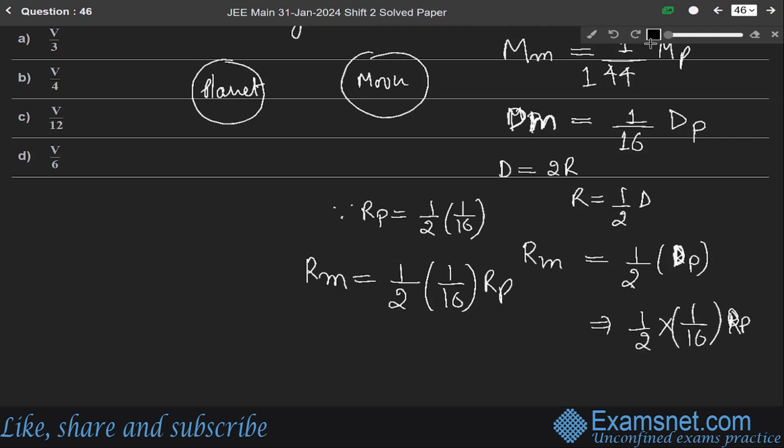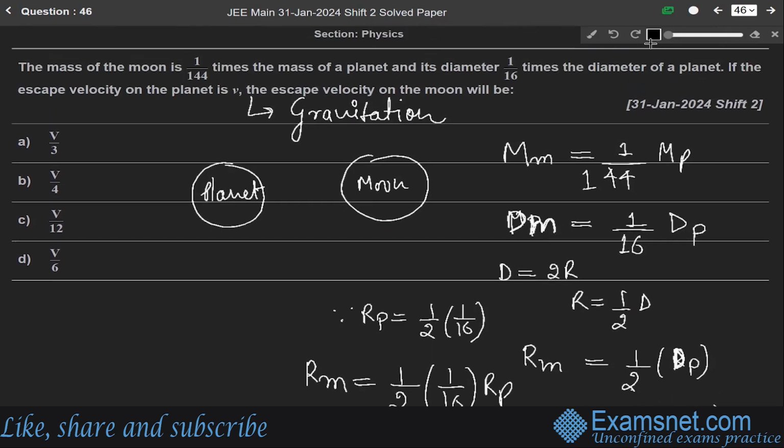Now we know that the formula for escape velocity is under root 2 GM by R. This G is constant, 2 is constant.